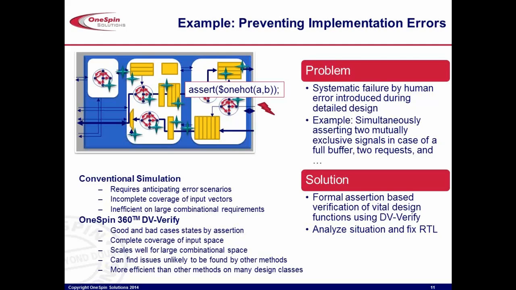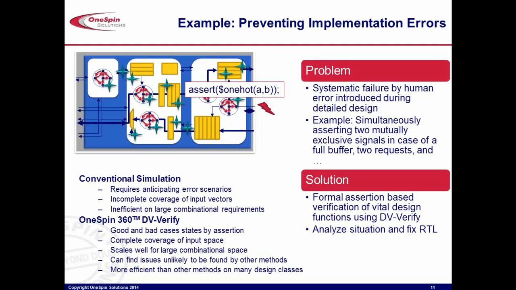Here is an example of, for instance, two signals that need to be mutually exclusive, which is a very simple thing to express, but the power of formal verification here comes in the sense that if there are deep corner cases where these signals will not be mutually exclusive, the tool will automatically find it.